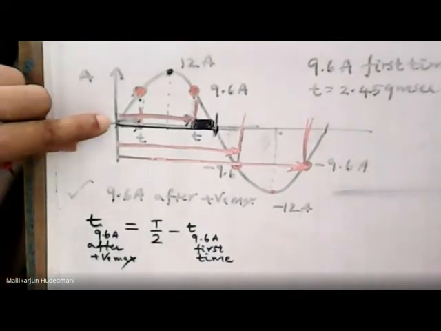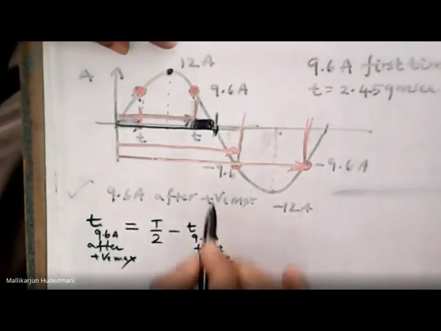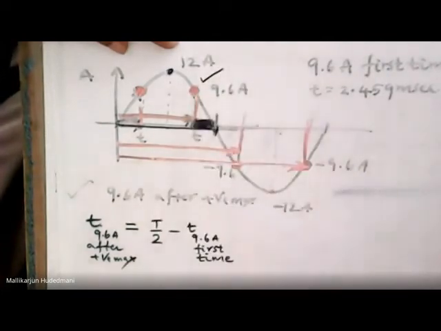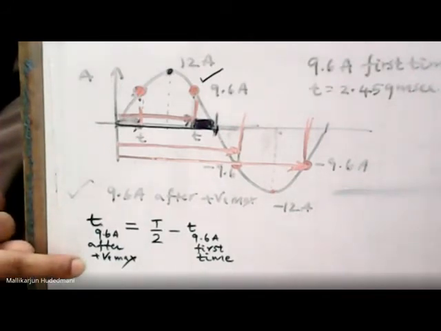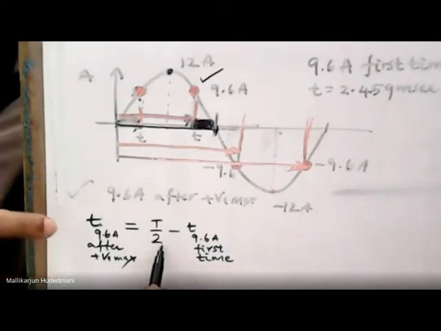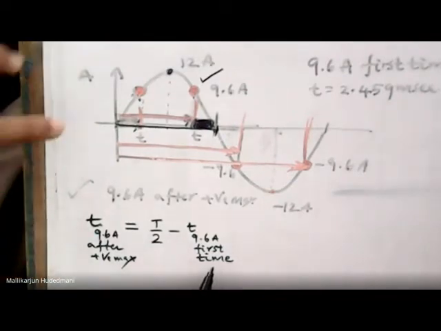T for first time is straightforward. Substitute the quantity, equate it to the equation given, and get the value of time t. That is straightforward. Time for after the positive max is not straightforward. Time for any quantity after positive max is its half cycle time minus the quantity's first time occurrence time.